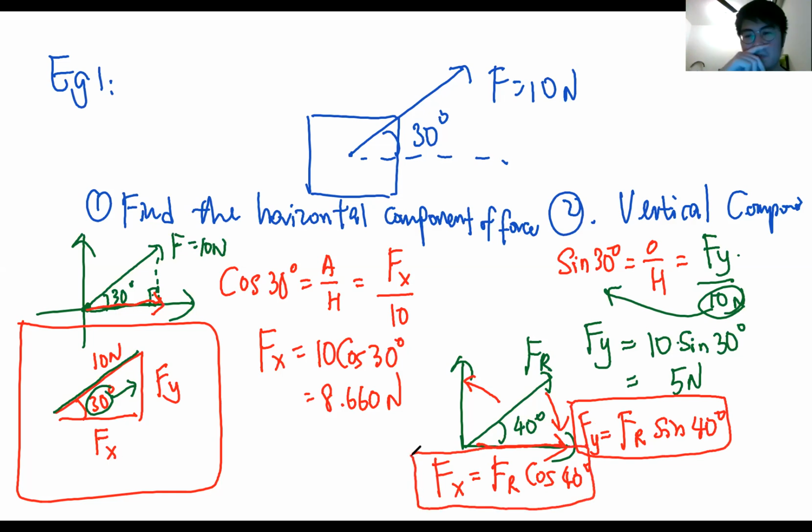Later I'll give you another example, just to give you a clearer picture. Okay, back to this question. You got the Fx and Fy, so you can label them on the diagram here.